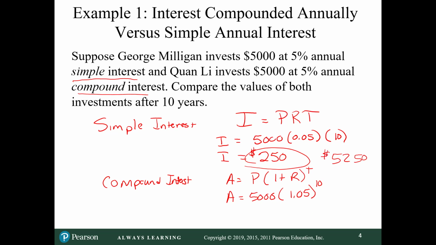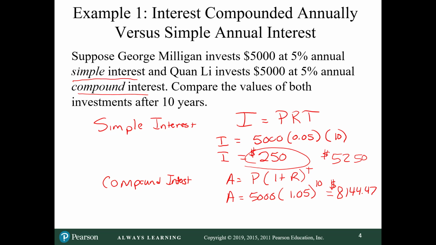Well, here, if you do this one, somebody take 5,000 times 1.05 to the 10th power on your calculator. Would you rather have simple interest or compound interest?